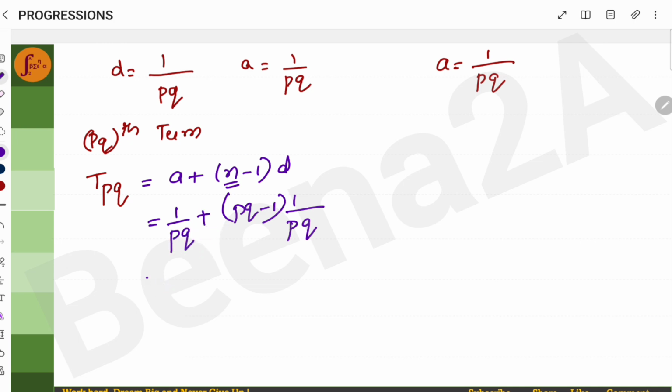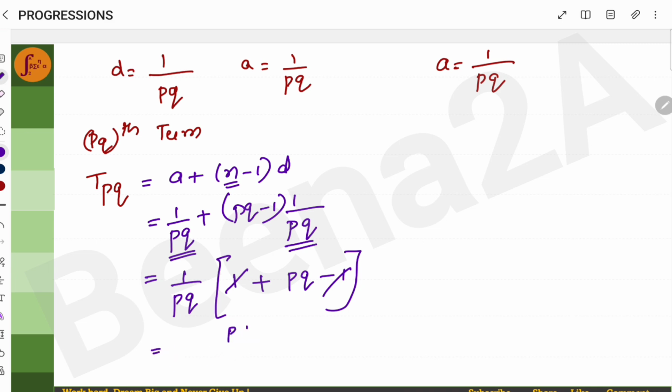Right? So I can take this 1 by PQ as common because both the terms have it. So 1 by PQ, if I take it as common, I'll be left with 1 here. And here I'll be left with PQ minus 1. So 1 and 1 will get cancelled. So I'll get PQ by PQ. PQ and PQ will get cancelled. I'll be left with 1. So we have proved TPQ is 1. We have proved that the PQth term is 1.